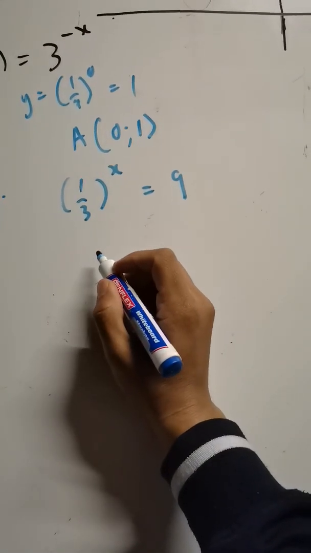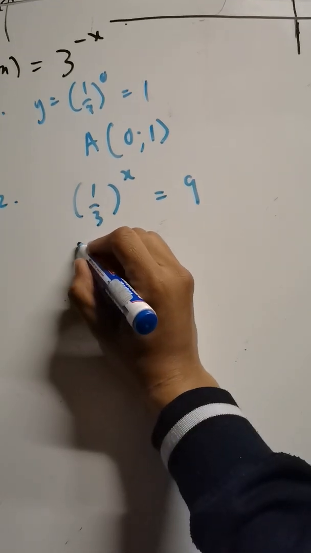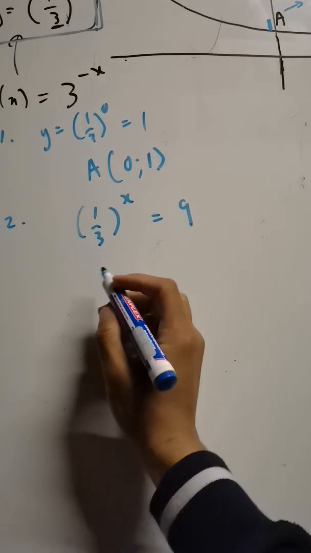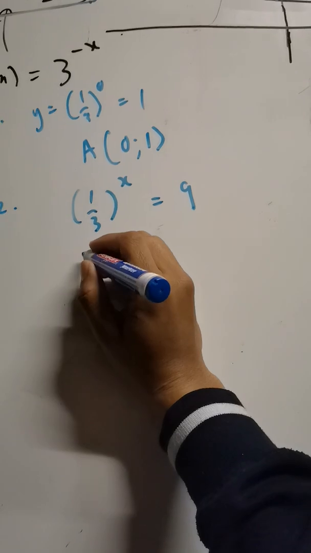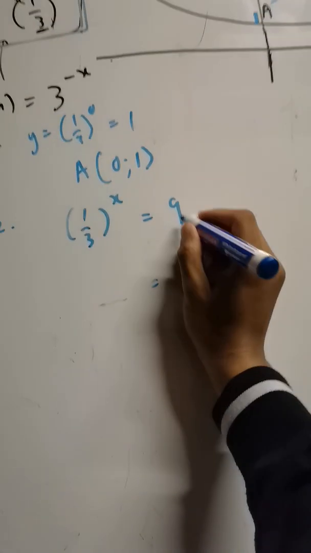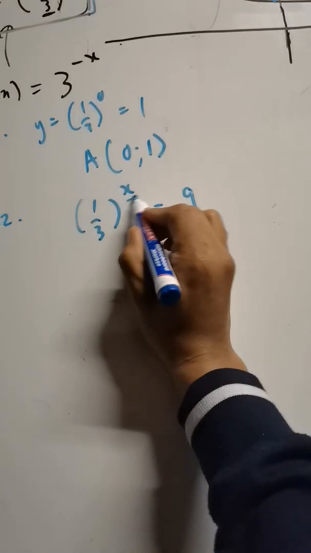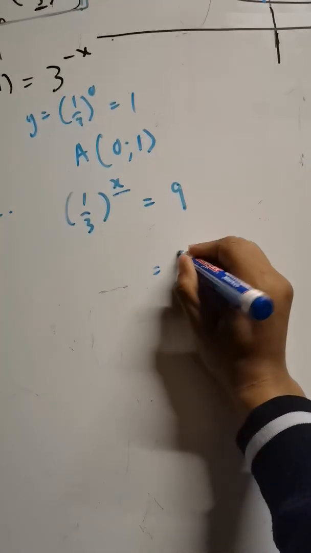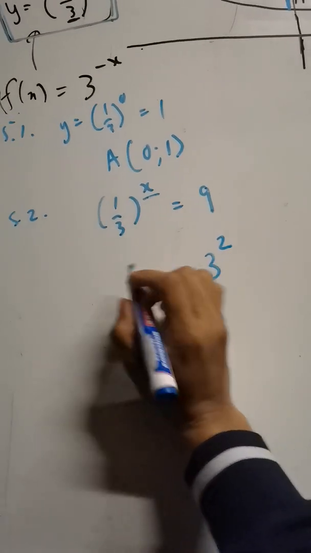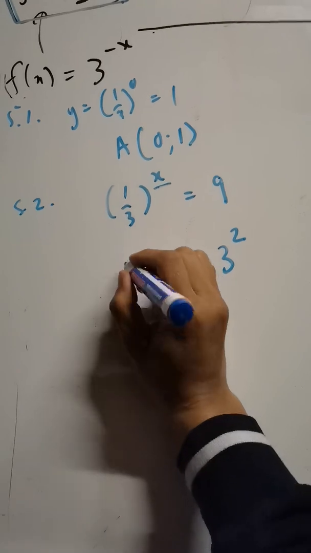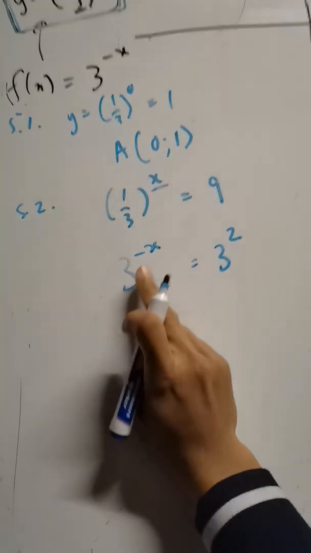So how do we solve for x? There are many ways we can solve for x, but how do we solve for x here? We can just say, okay, 9, so I'm busy with x in an exponent, so I'm going to go 3 to the power of 2 is equal to 3 to the power of negative x.